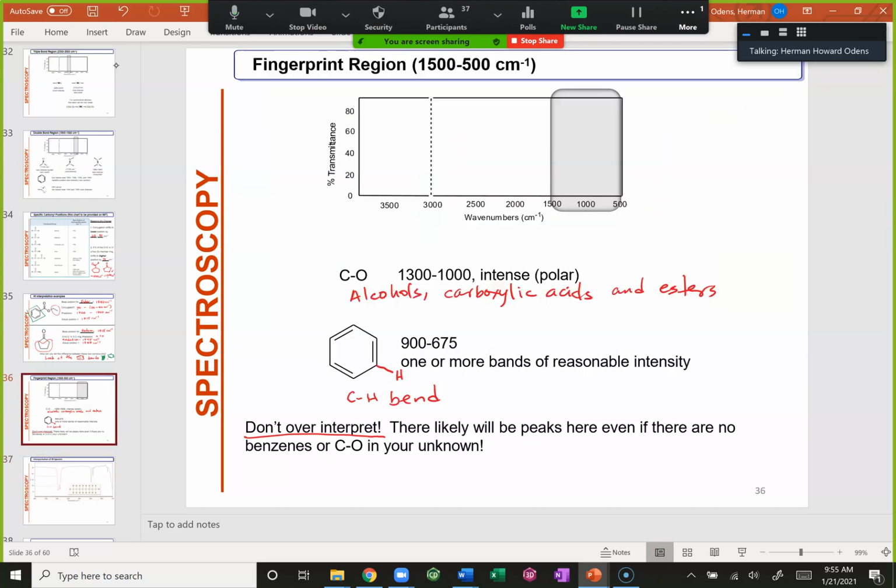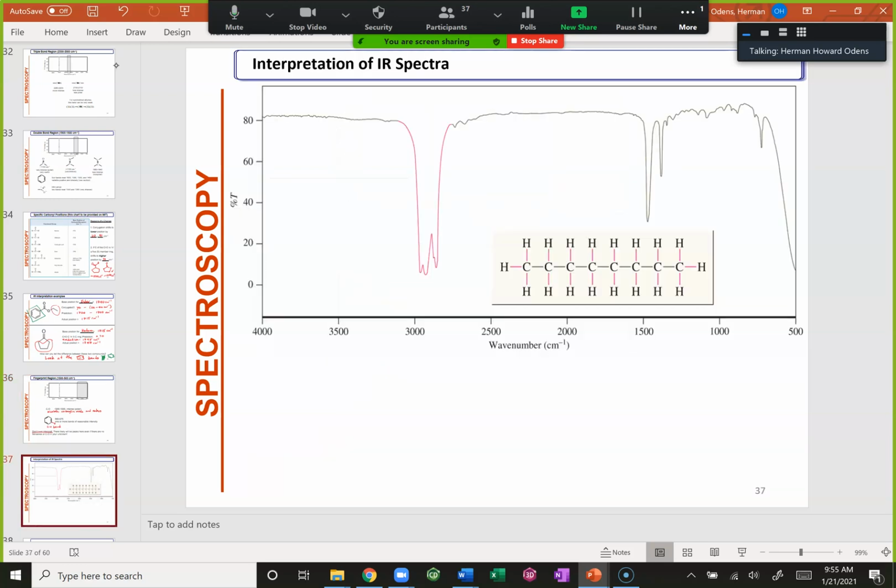One more thing also. This advice, do not overinterpret, goes for the entire spectrum. I remember when I was a student working in the lab, my first time doing research, my advisor gave me the best advice ever. He told me, whenever you read spectra, don't try to fit your molecule in the spectrum.